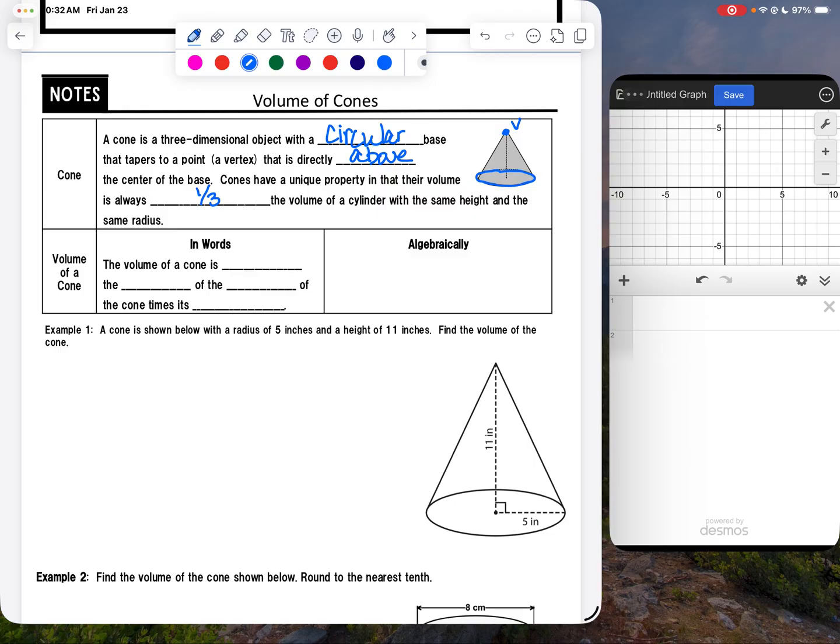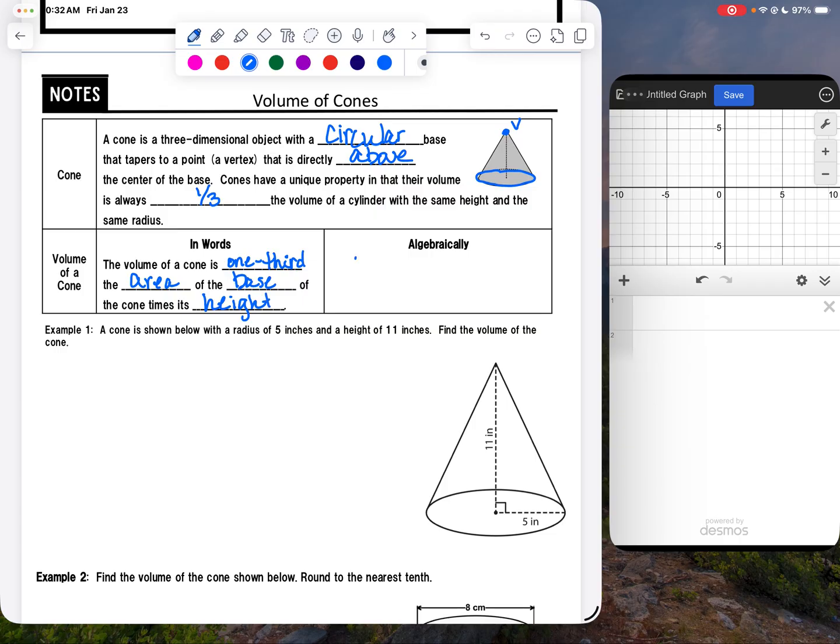So when we look at the formula for the volume of a cone, let's describe the formula in words and algebraically. So let's start with words. The volume of a cone is 1/3 the area of the base of the cone times its height.